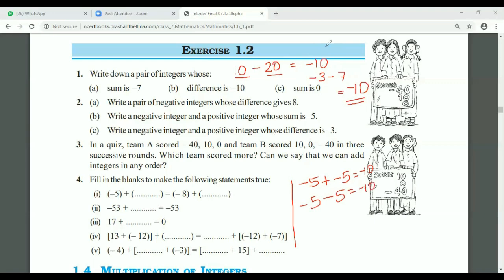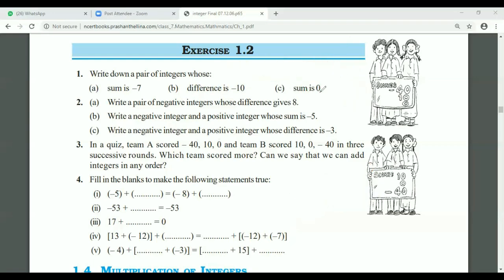So these all are possible answers. You can write 10 and 20 whose difference is -10, -3 and +7, their answer is -10, -5 and +5, their difference is also -10. There are also infinite number of answers possible.